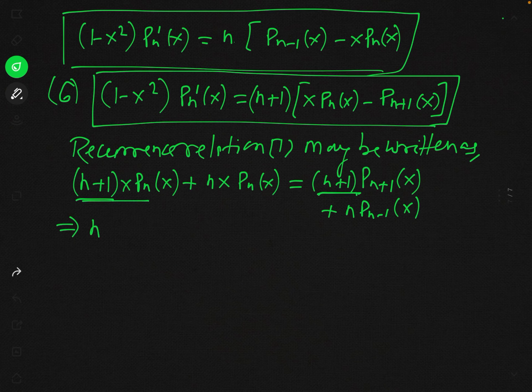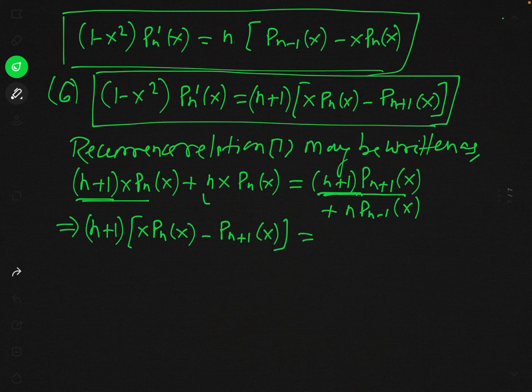So n+1 will be a common factor, and in the LHS the term that remains is x into Pn(x). And when we bring this term to the LHS, with n+1 taken as a common factor, the remaining factor will be minus Pn+1(x).